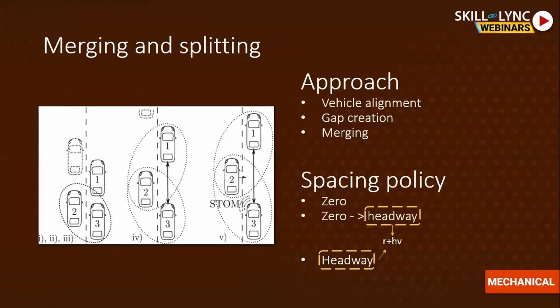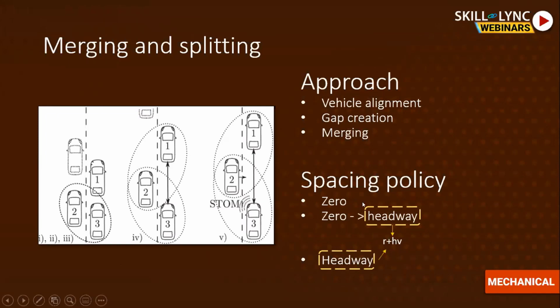Now, what is the approach when we do the merging or splitting maneuvers? Here is the approach for merging. At first, vehicle 2 would align to vehicle 3. These are vehicles in two different lanes, and vehicle 2 aligns to vehicle 3, after which a gap would be created in between vehicle 1 and vehicle 3, and finally vehicle 2 would merge in between vehicle 1 and 3.